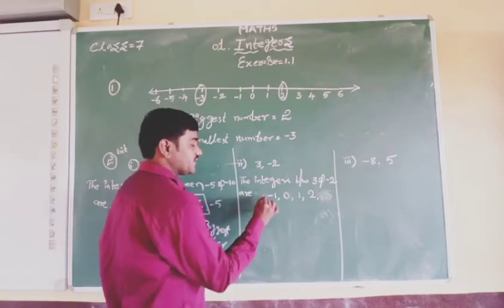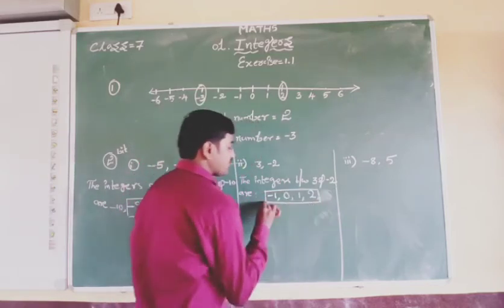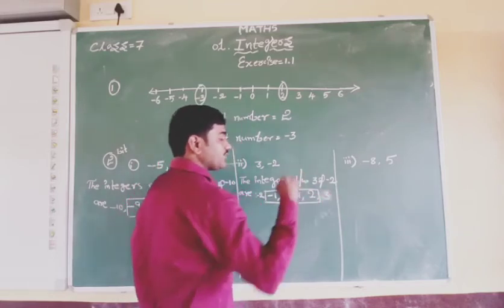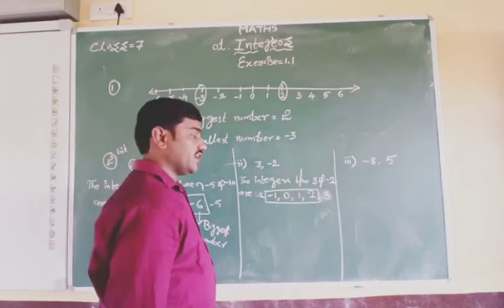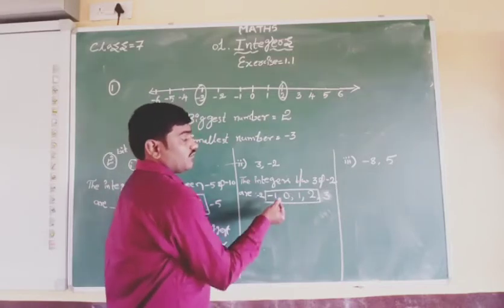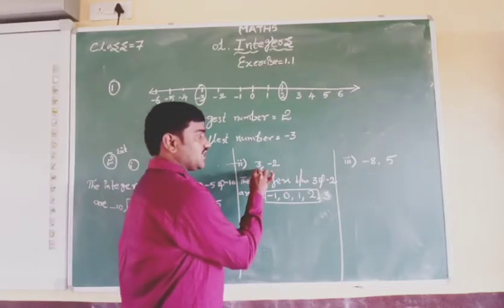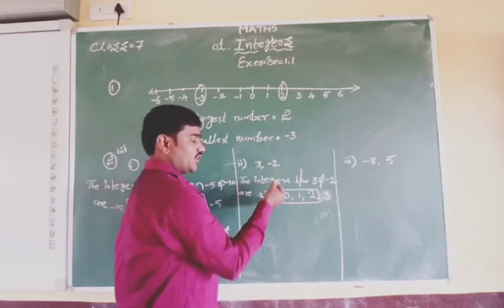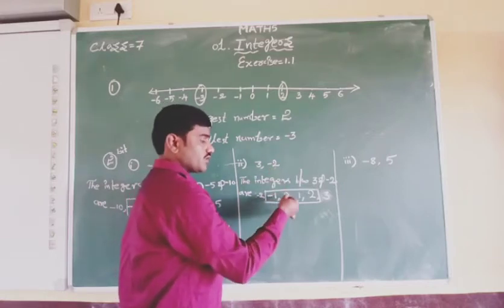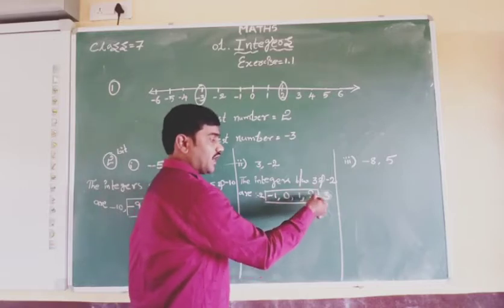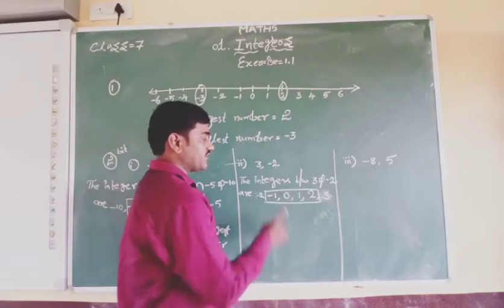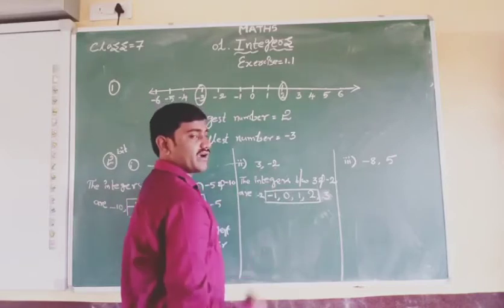So if you write here, this is minus 2, and after 2 there is a 3. What are the numbers lying between plus 3 and minus 2? After minus 2 we get minus 1, 0, 1 and 2. These are the 4 digits lying between 3 and minus 2.